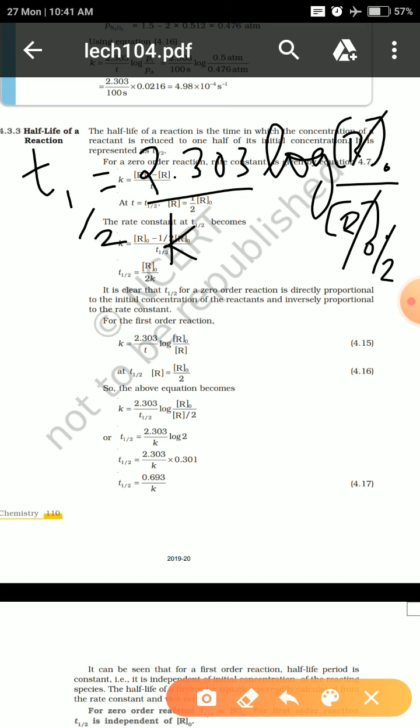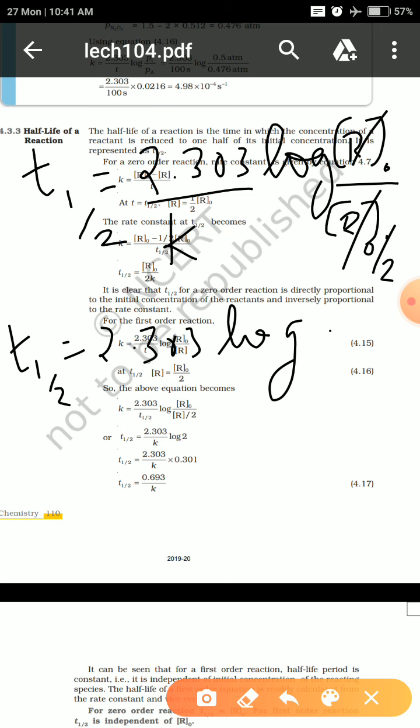R0 cancels, and we get log of 1 by 1 by 2, which is log 2. So T half equals 2.303 by K times log 2.